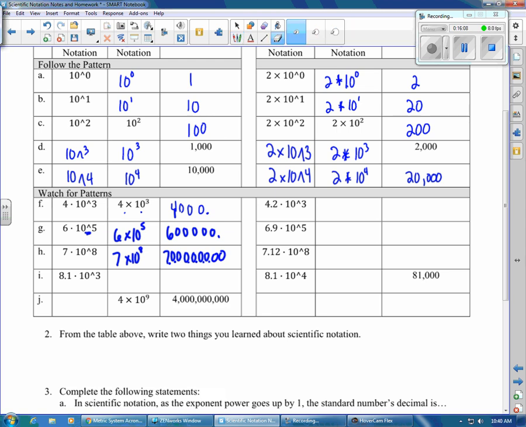I lost my train of thought as I was doing that one. I apologize. I got distracted by something, and I forgot how many zeros I had already written down and how many I still needed. So that would be correct there.